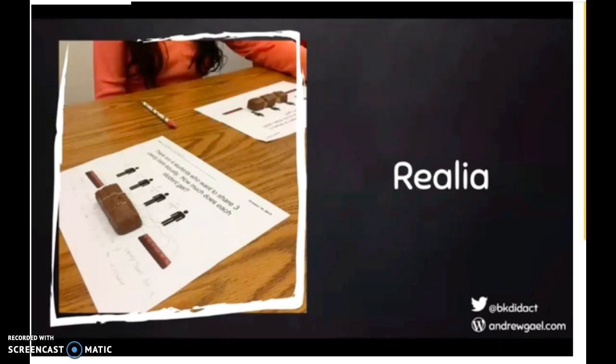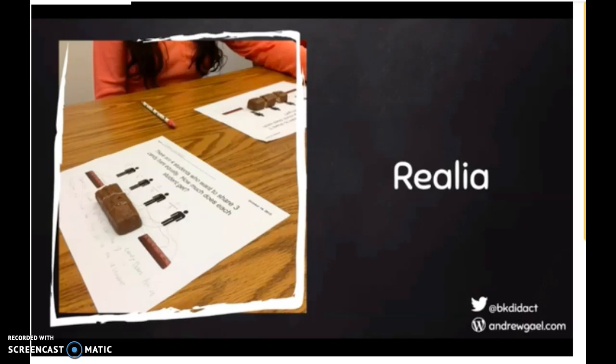The first one is realia. Realia is another way of saying real objects used during instruction, and it makes problem-solving situations more concrete and can be connected to previous knowledge. So in this picture, you can see students working on a CGI problem, and the problem involves cutting up candy bars to give to 4 students.